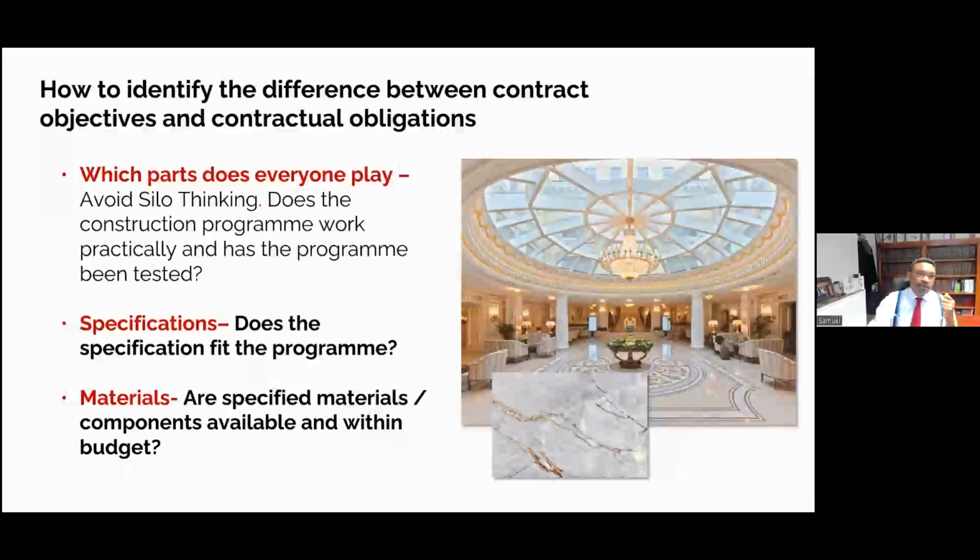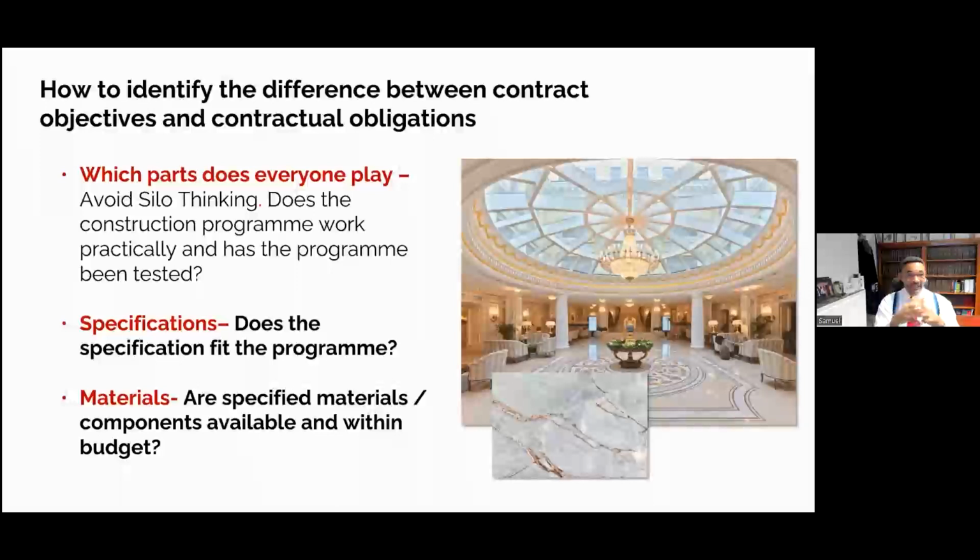So identify what the contract objectives are, understand what your contractual obligations are, and try to see the point of intersection of the two. But more to the point, identify where they are divergent, because where they are divergent is where the difficulty arises.